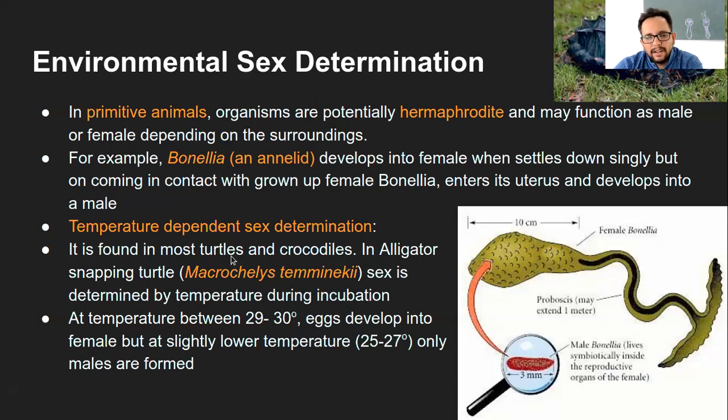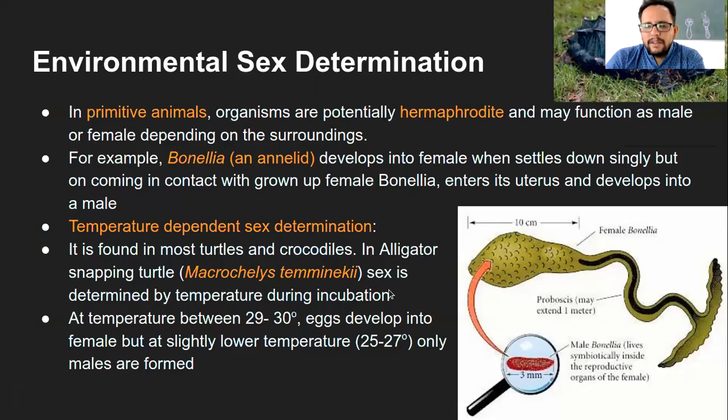This is the scientific name, Macrochelys temminckii. The picture is shown here on the top in the corner. It looks like alligator skin, but it is a species of turtle. In that species, the sex is determined by the temperature during incubation.